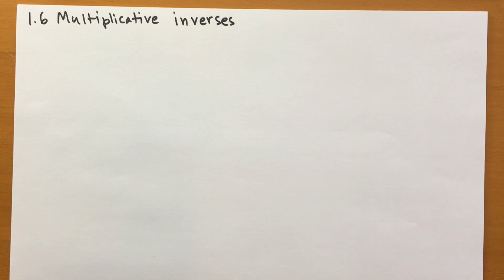So without further ado, let's get right into multiplicative inverses. This chapter is going to feel like there's only one really new thing here, and he introduces this in the beginning.